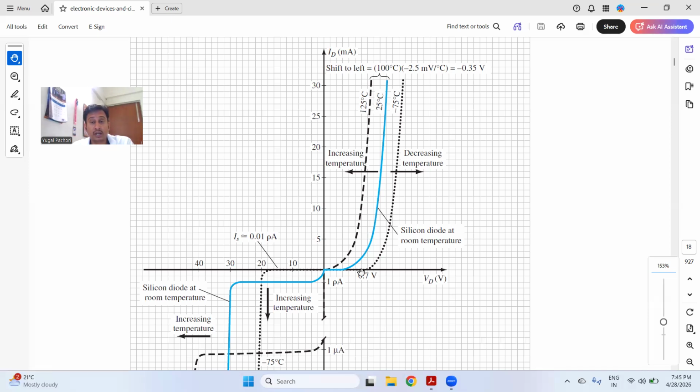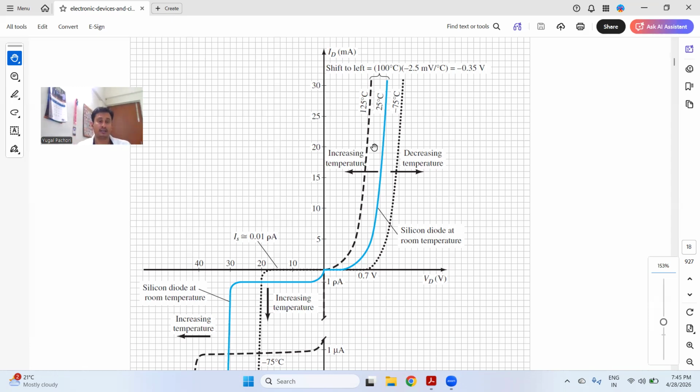When the temperature is reduced further, there is more cut-in voltage and the current is increasing slowly. So as soon as the temperature is decreased, the rate of increase of the current is reduced. That's why it is called the effect of temperature on the properties of the semiconductor.